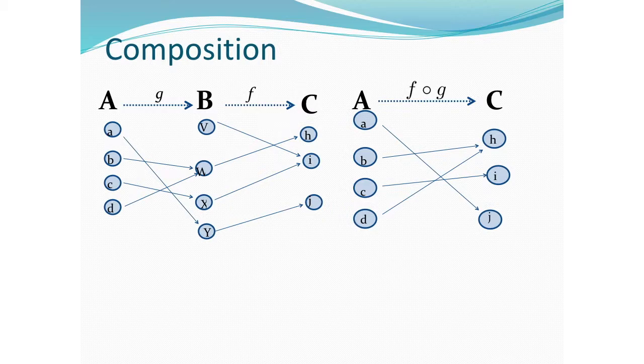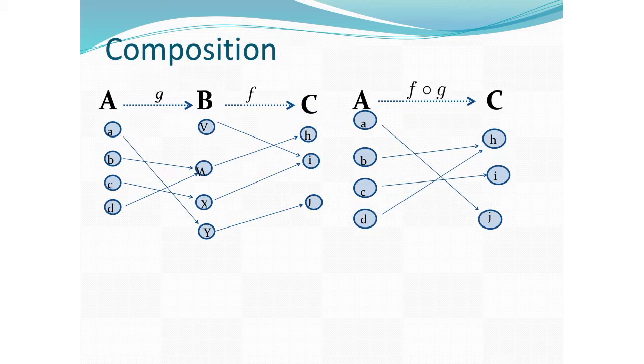Now, based on the definition we just discussed, we can find f composition g, where we start from A and end up at j. Why? Because g of A is y, okay? Now what is f of y? It is j. So f composition g of A is j.